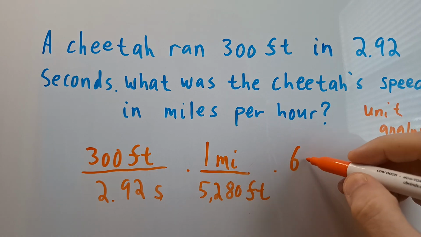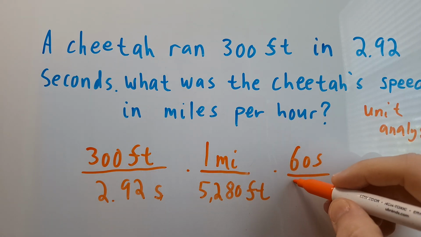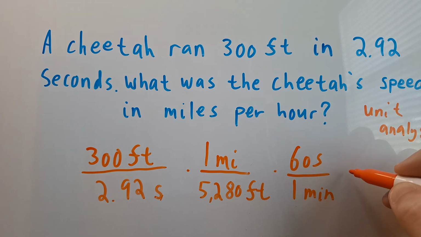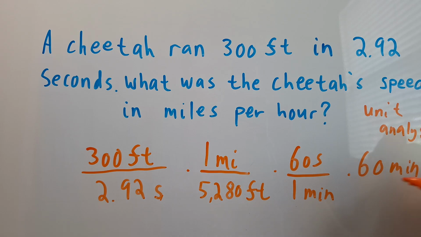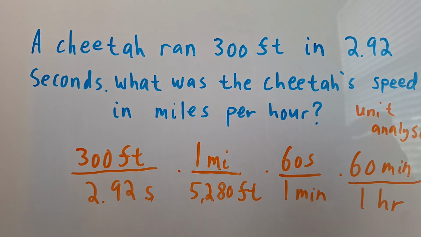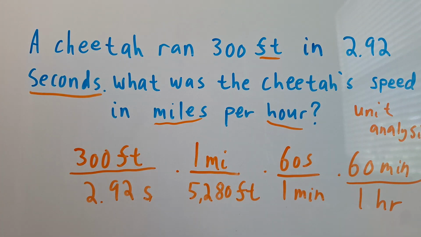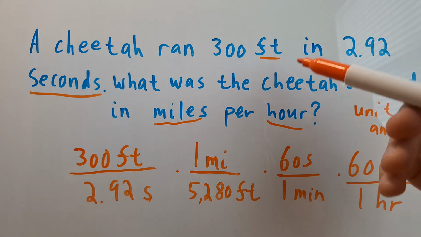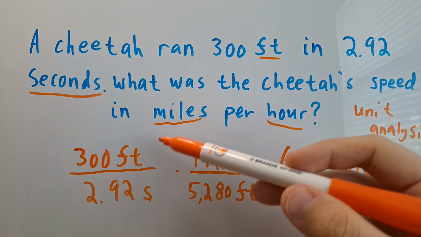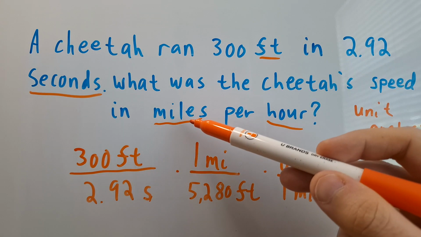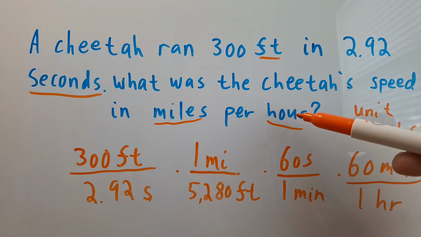There are 60 seconds for every minute, and there are 60 minutes for every 1 hour. The reason why we're doing all these conversions is because in the end, remember, we want miles per hour when we're given feet and seconds. We want to cancel out feet and we want to cancel out seconds because in the end we want miles and we want hours.